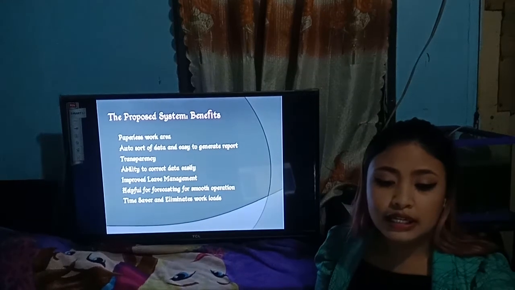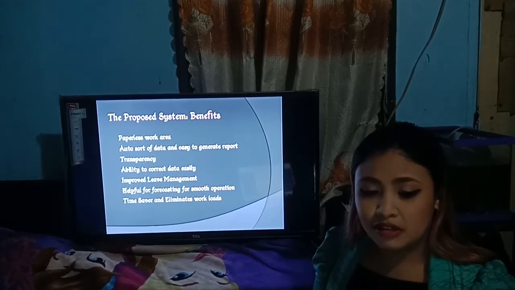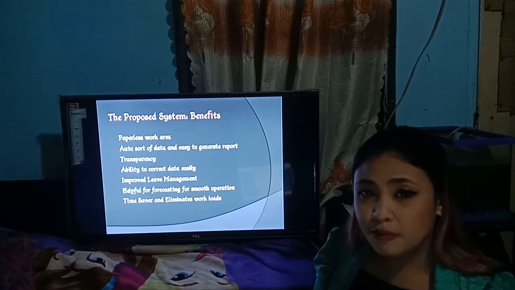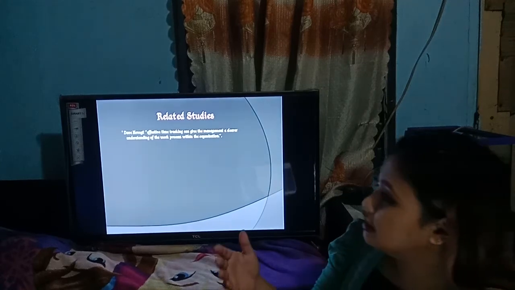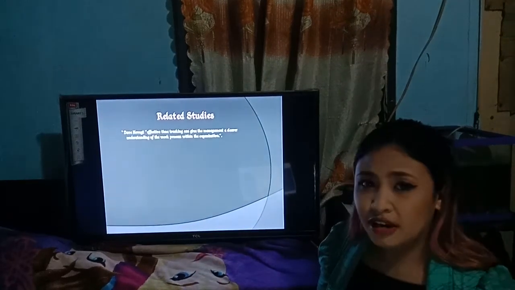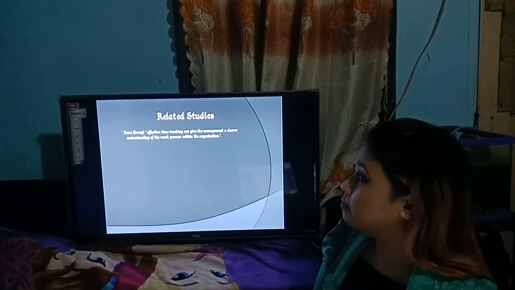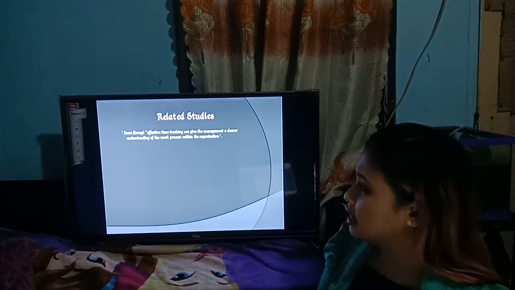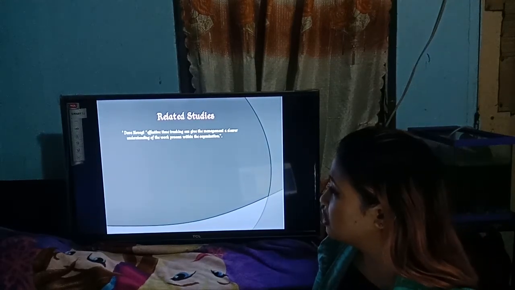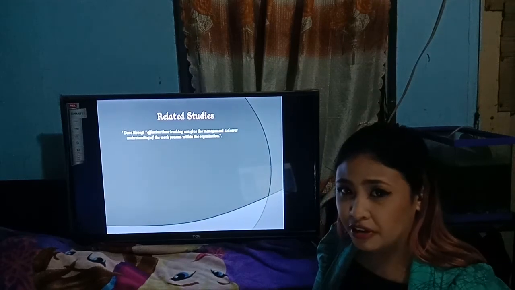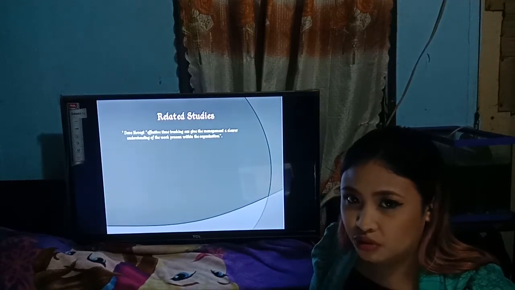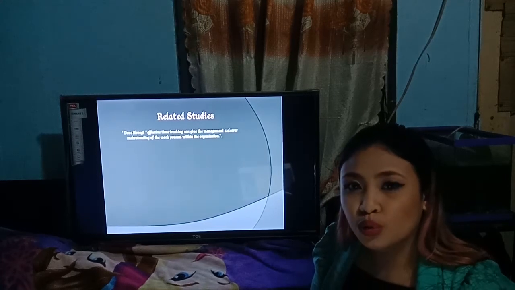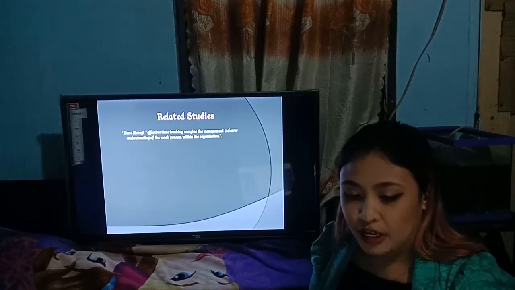To support why we need a better timekeeping system, here is a brief summary of my related studies. According to Dave Nevogue, effective time tracking can give the management a clearer understanding of the work process within the organization. Like I mentioned earlier, it will help them formulate new attendance policies and procedures, resulting in a good flow of operation.